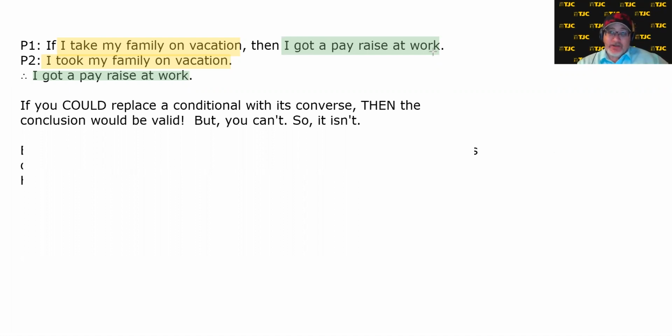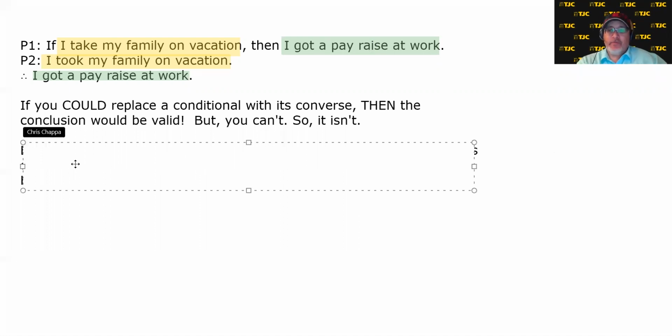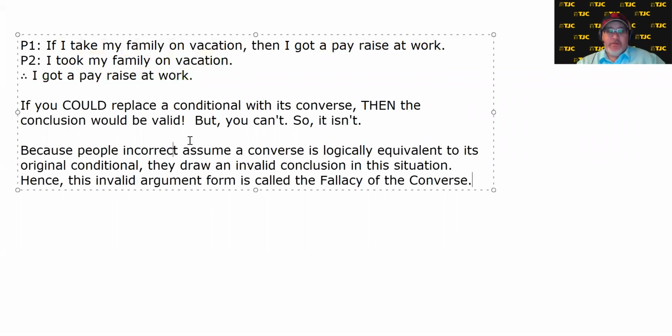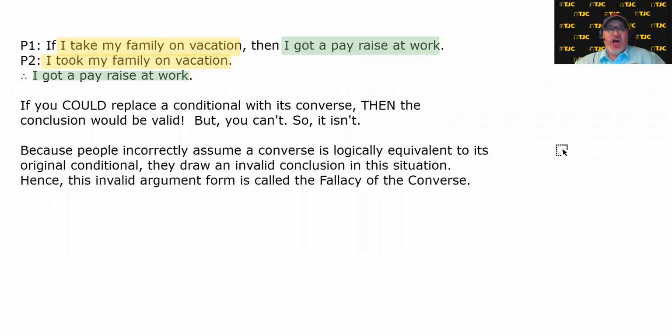But you can't replace a conditional with its converse, so it isn't a valid argument. Because people incorrectly assume a converse is logically equivalent to its original conditional, they draw an invalid conclusion in this situation. Hence, this invalid argument form is called the fallacy of the converse.